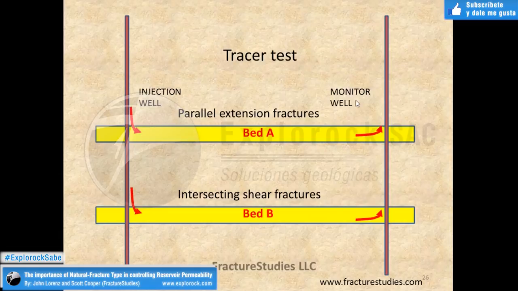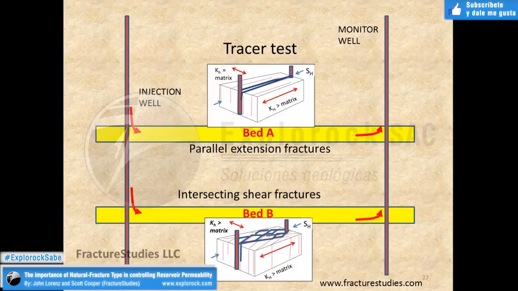Now, going back to everything we've talked about up to this point, our conceptual model would suggest a couple of different reactions for these two beds if our wells are parallel to the strike of these fractures or the acute bisecting angle of the shears here, which they were in this case.